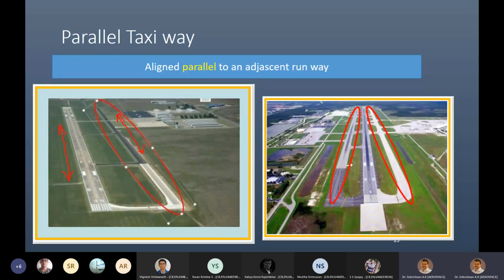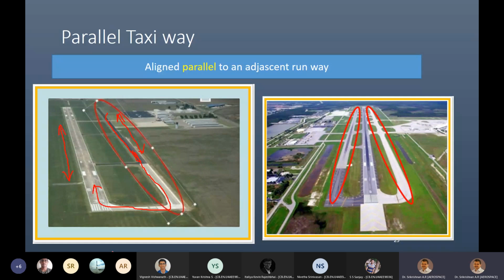So if an aircraft is coming to the taxiway like this, it can traverse through the taxiway, by which it can get to the runway.